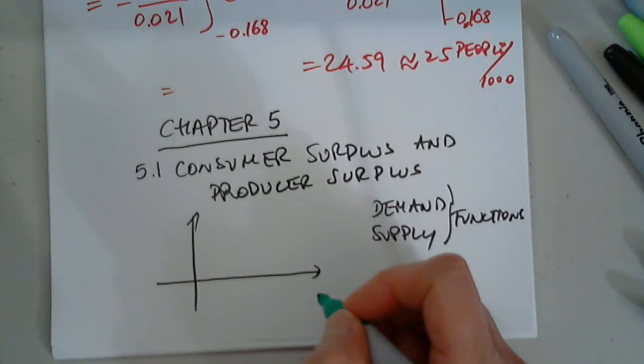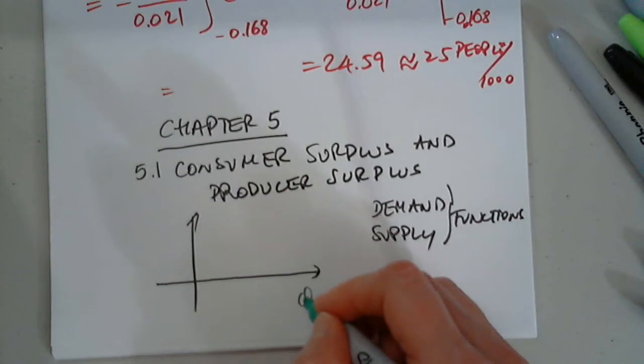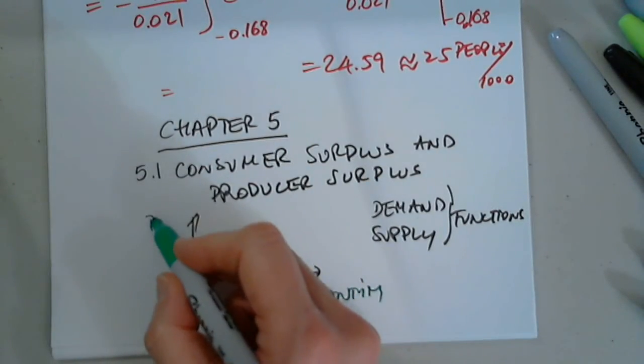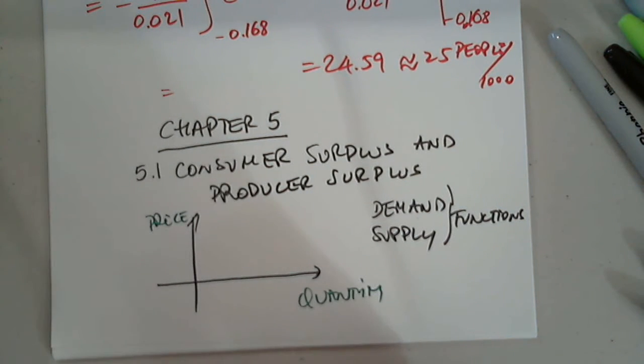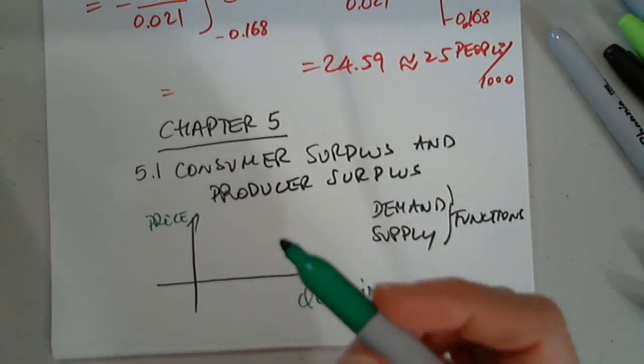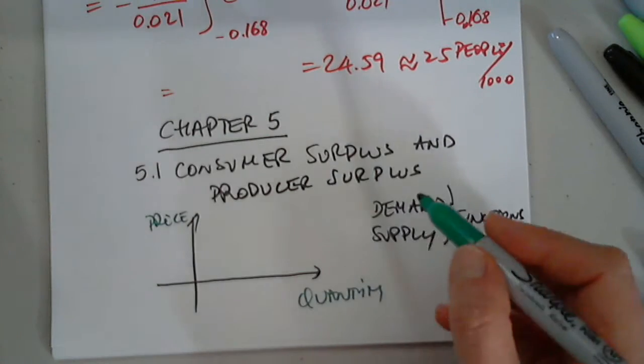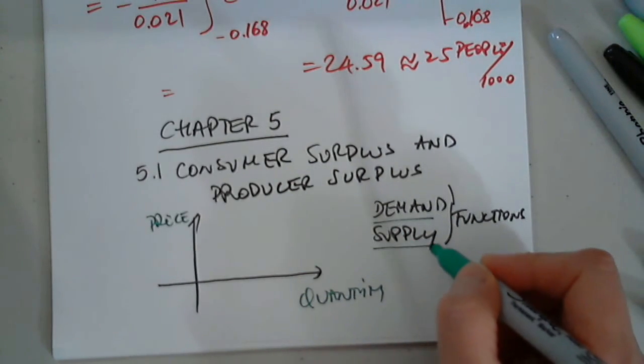Okay, so this is quantity, and this is the price. So what happens here is two functions. One of them is called, as I said, demand, and the other one supply.